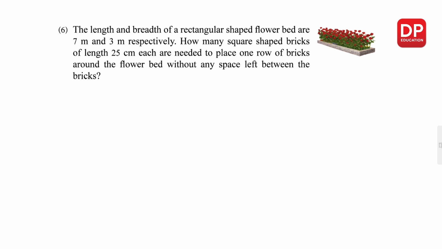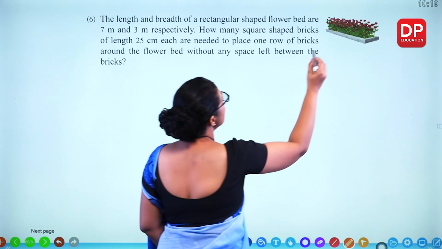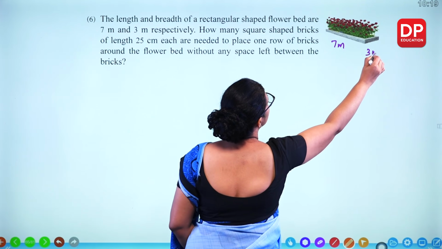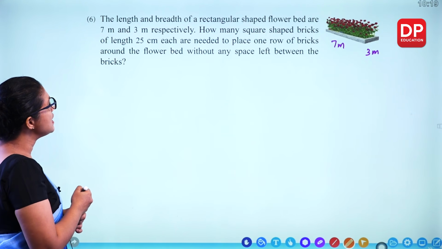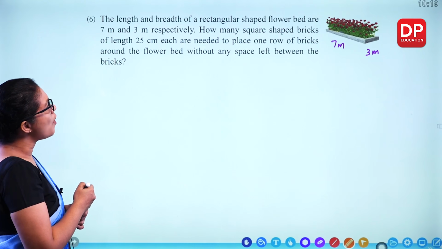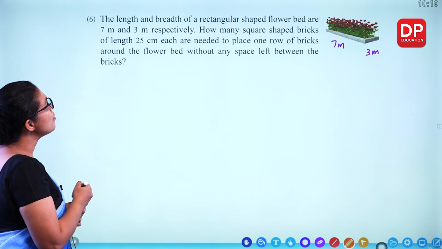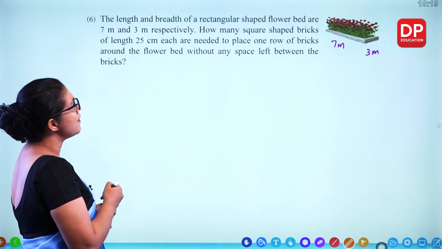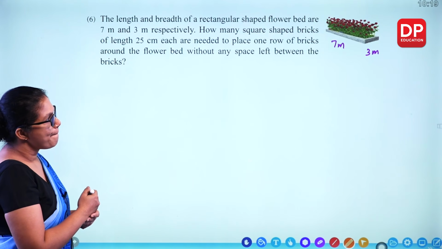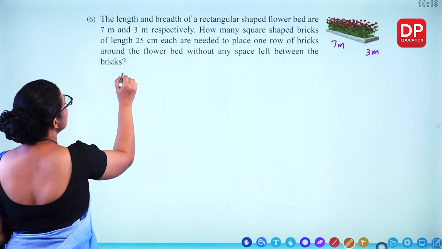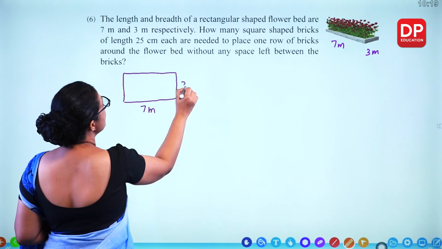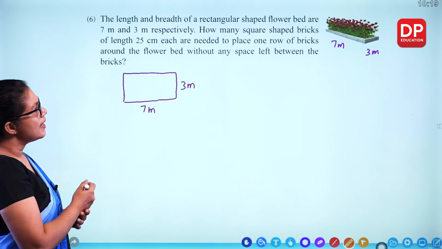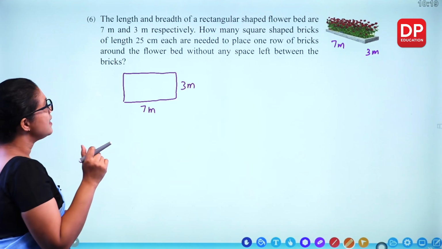Question number 6. The length and breadth of a rectangular shaped flower bed are 7 meters and 3 meters. How many square shaped bricks of length 25 centimeters each are needed to place one row of bricks around the flower bed without any space left between the bricks? So around this flower bed, 7 meters and 3 meters. Now we'll see lengthwise how many bricks are needed.